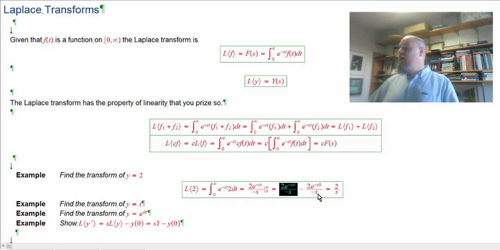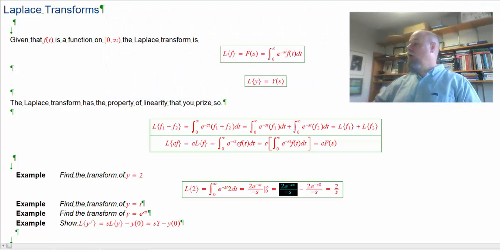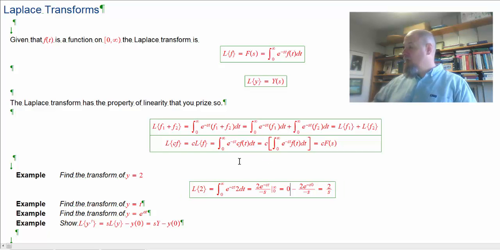So to make this useful, we're going to assume that s is greater than 0. So this highlighted piece is 0, which means that the Laplace transform of 2 is 2 over s.